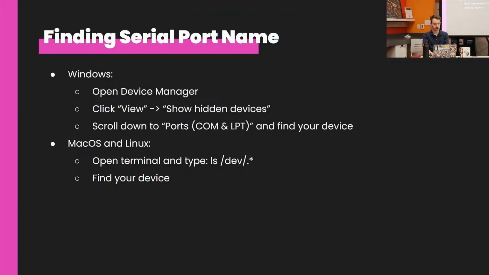You have to go into your terminal, and then if you type ls /dev/* it should list all the connected serial port devices. And I think if you follow a similar approach of unplugging and plugging in your device, you should be able to tell which one changed, and that will be the serial port that your device is connected to.